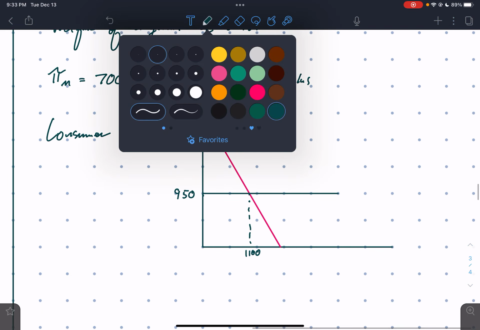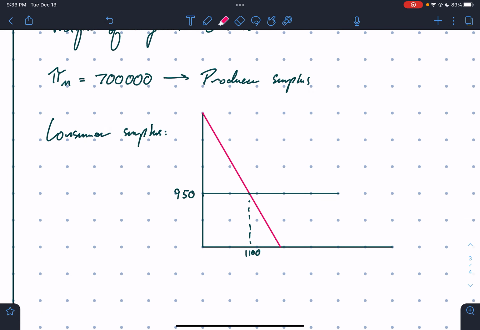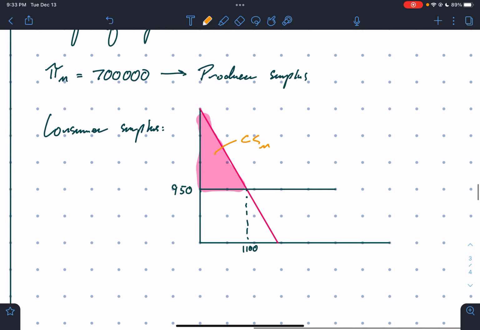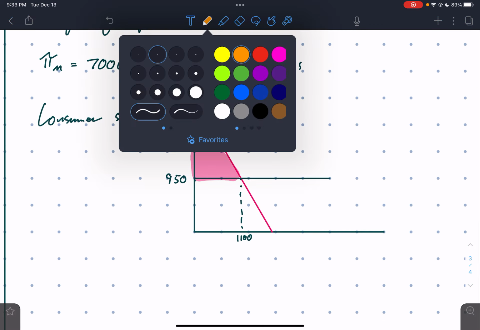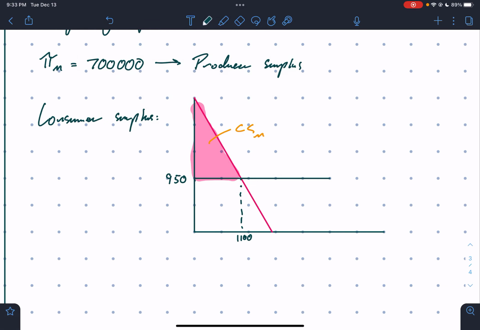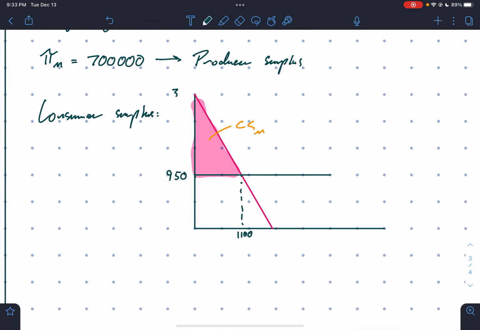So what we're going to do is find the area of this shaded region. So this is the consumer surplus under monopoly. Under the monopoly where they're not trying to maximize welfare, I should say. And there's the intercept of 3,000. So we're going to find this vertical distance and then the width of this base. So this base is 1,100 because this is the quantity.